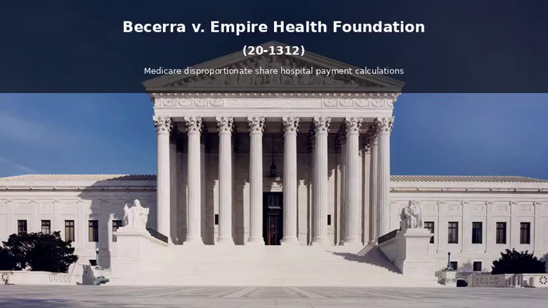If you just look at the final rule itself, there was almost no reasoning given for a change of 20 years of practice affecting many millions of dollars for indigent patients. That's almost exactly what happened in Encino, right? The agency engaged in notice and comment rulemaking in Encino, but it had a summary statement that it thought its policy was a reasonable interpretation of the statute. And this Court said that's not good enough, particularly when you're repudiating prior practice, and that's exactly what went on here.